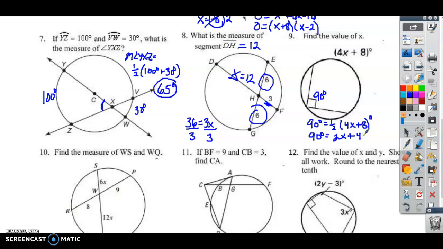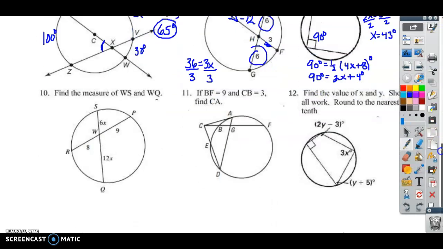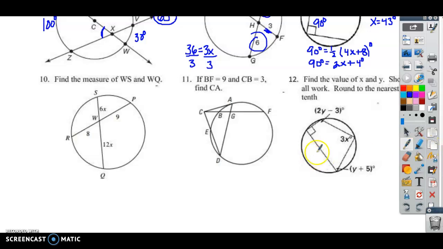This is all going to be measured in degrees here, so we'll put a degree symbol there, and whatever number we get for x will also be measured in degrees. Subtract 4 from both sides. We have 2x equal to 86 degrees. And divide by 2. X equals 43 degrees. I'll make that a little more clear for you. X equals 43 degrees. In preparation for your test, make sure you're up on your algebra skills. You're going to need those a lot for this particular test in geometry.